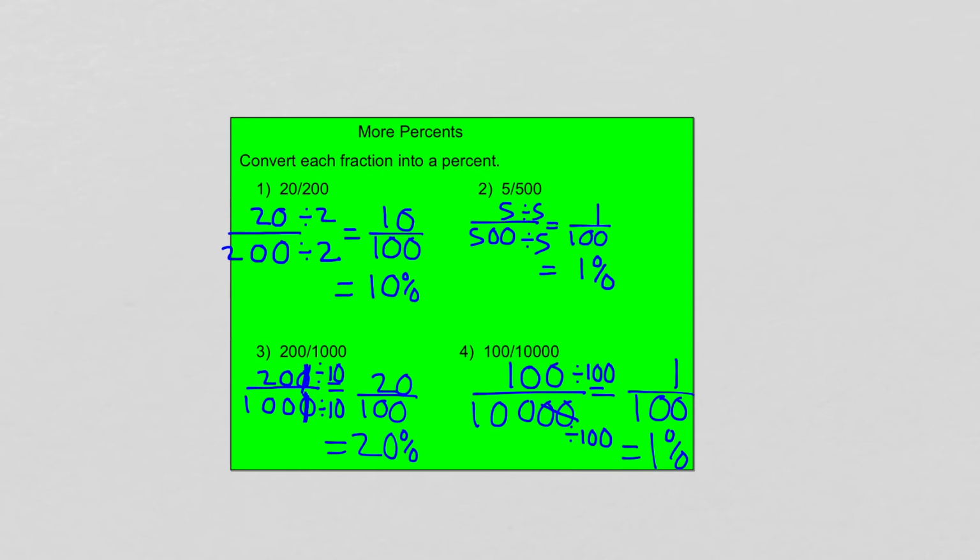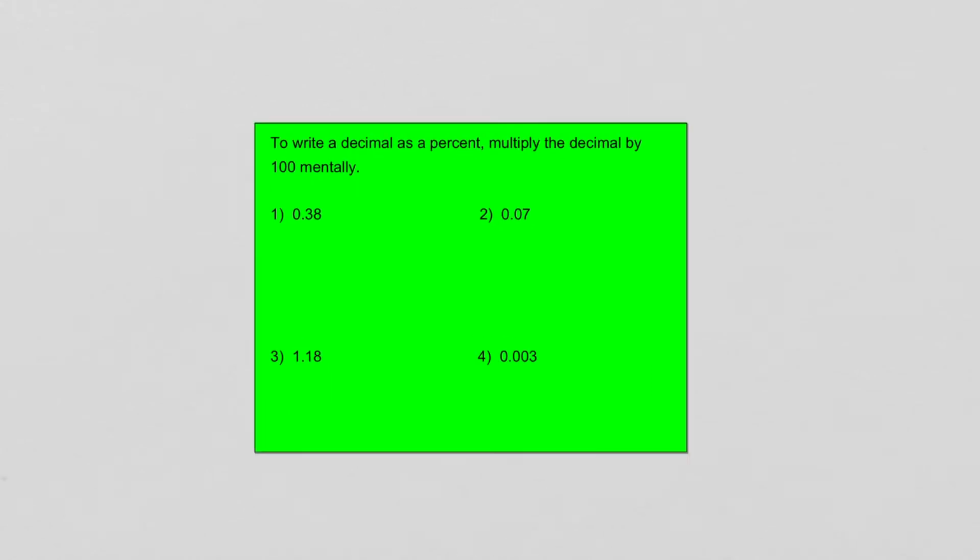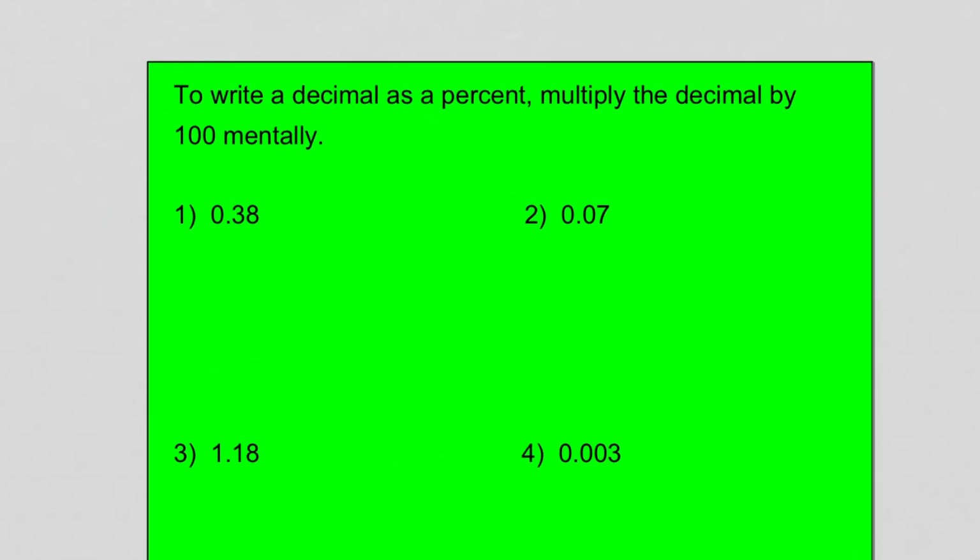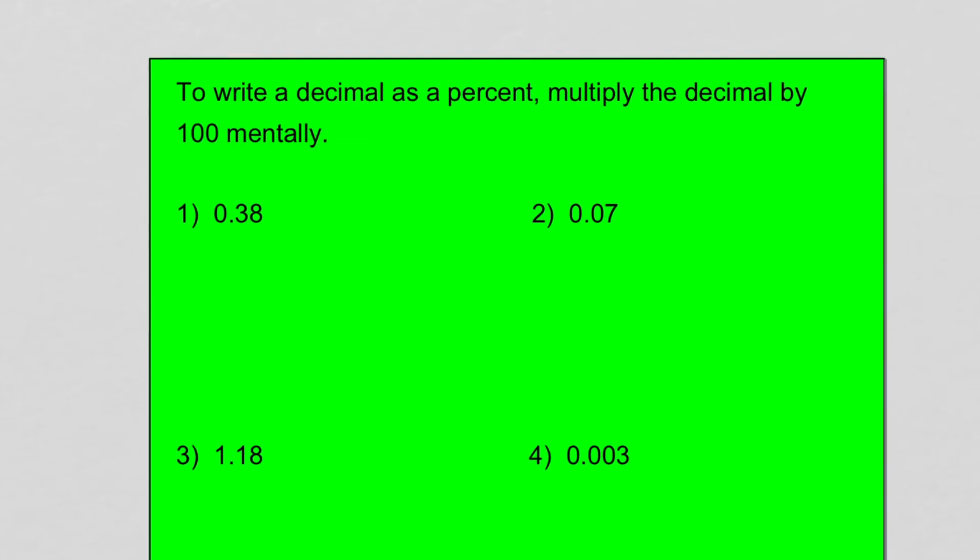Now we've been looking at how to change fractions to percents. Let's look at decimals. Changing a decimal to a percent is really easy. To write a decimal as a percent, multiply the decimal by 100 mentally. Watch this. 38 hundredths. I want to change that to a percent.